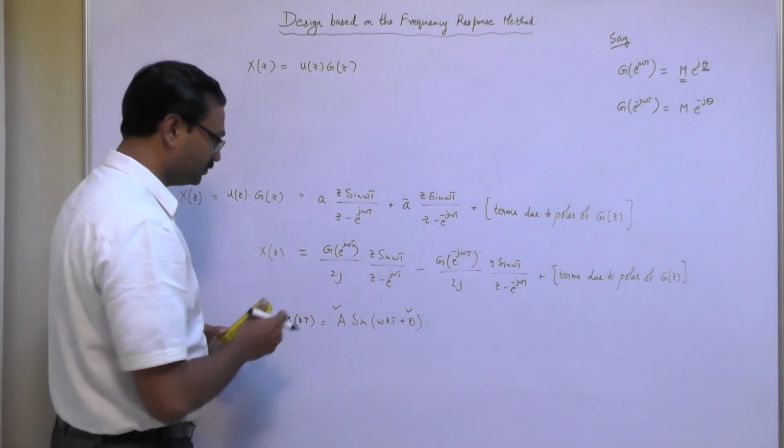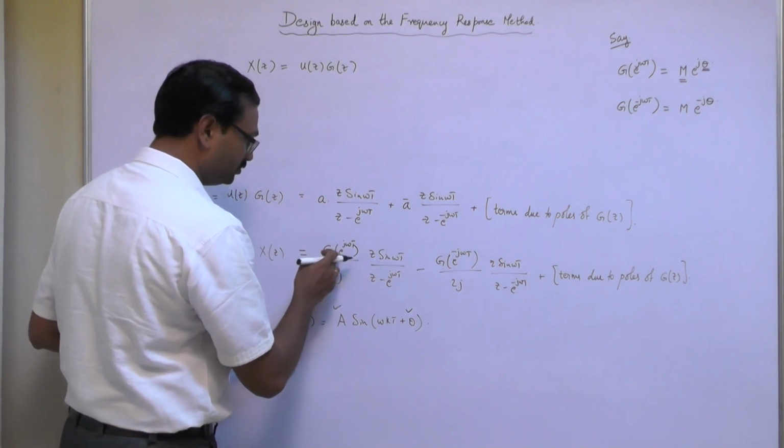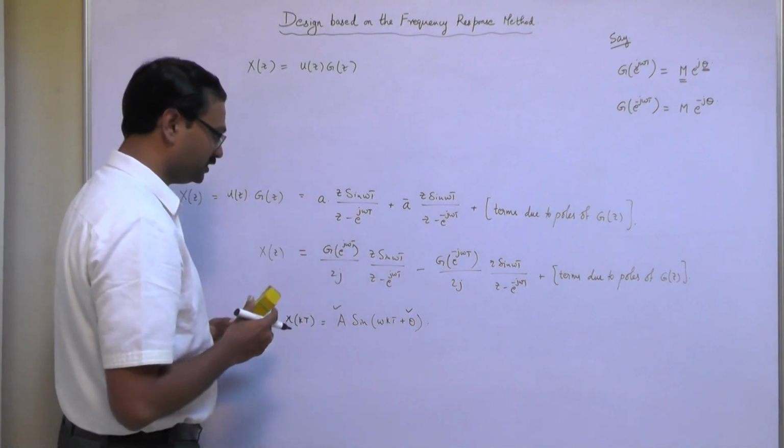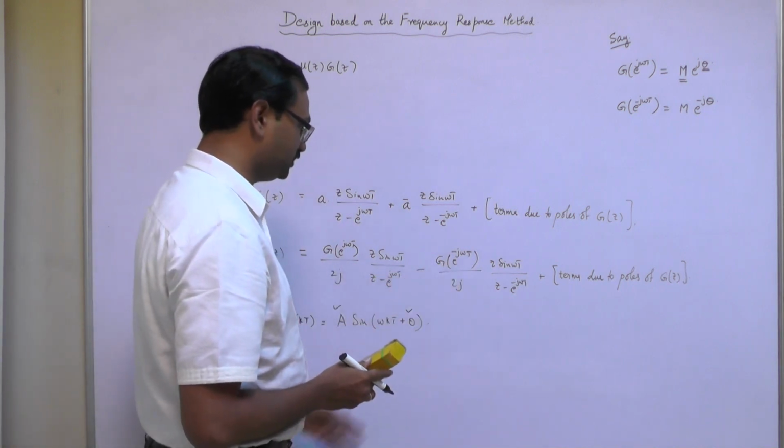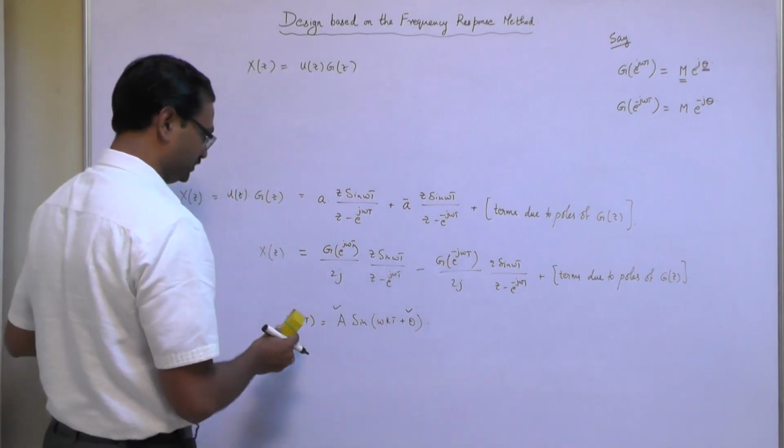When we replace it here, G(e^(jωT)) we can substitute as M e^(jθ), and G(e^(−jωT)) we can replace with M e^(−jθ).